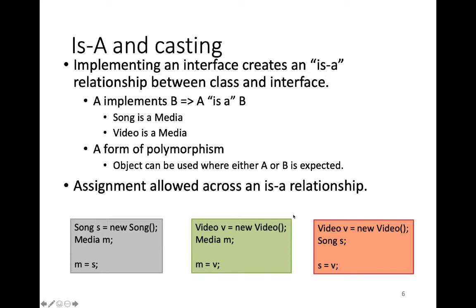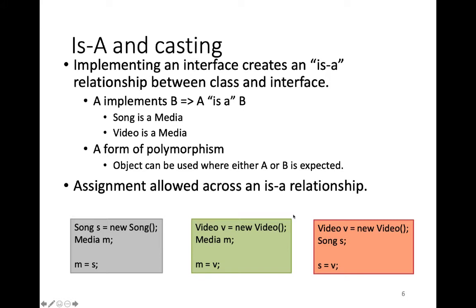Same thing, I can create a new video object, and I can assign a media reference to that video object, or pass that video object to a method that is expecting a media object as a parameter, or otherwise use that video object wherever a media object is expected, because video has an is-a relationship with media.